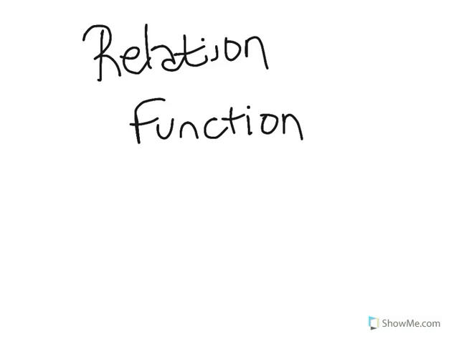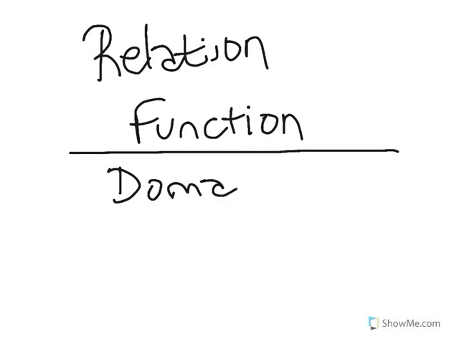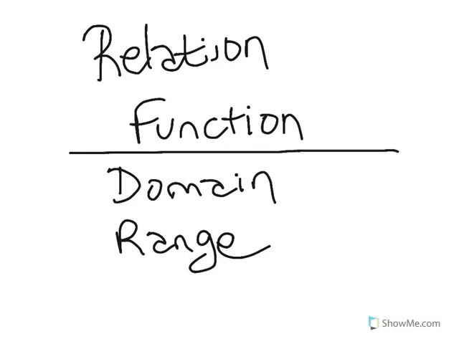Relations and functions both give us two different sets that we can look at. The set of x values is called the domain, and the set of y values is called the range. Finally, if we graph the points in a relation, we can test whether it's a function or not using the vertical line test. If the vertical line touches the relation's graph in 2 or more points, then the relation is not a function.